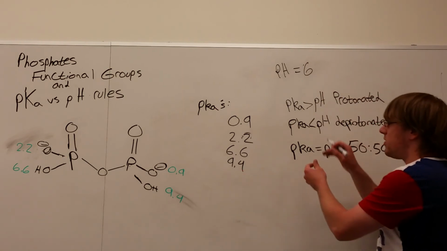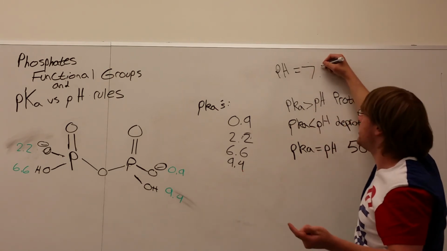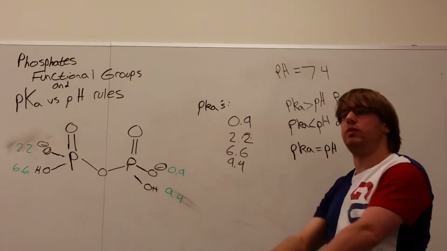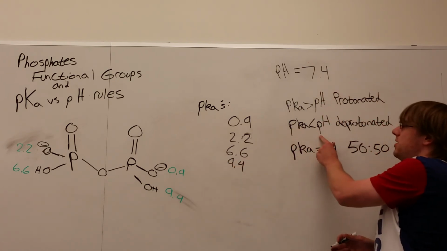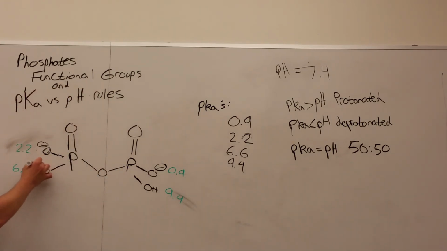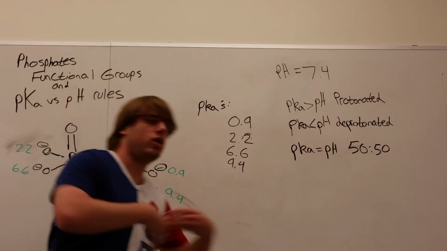But once we cross that 6.6 threshold, let's say we get to neutral pH of 7 or physiological pH of 7.4. Well, now we've broken that threshold. We've gone to a pH greater than our pKa, and when pKa is less than pH, we get deprotonated. So now we have O-. We have 3 O-minuses.